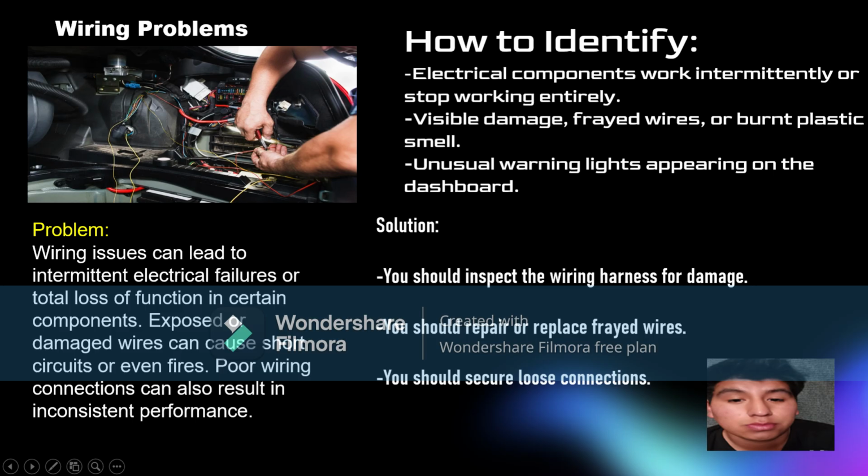How to identify? Electrical components intermittently stop working, visible damage, fraying wires, or a burning plastic smell. Frequent warning lights or dim lighting.